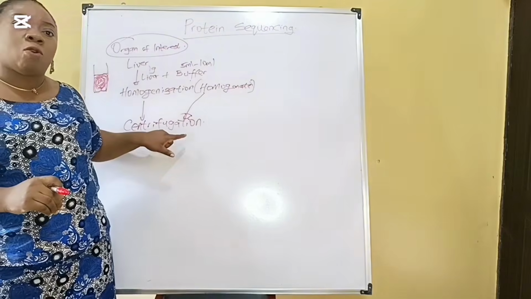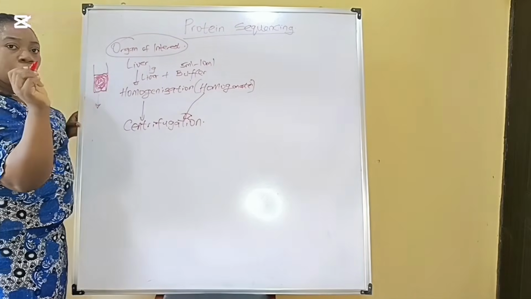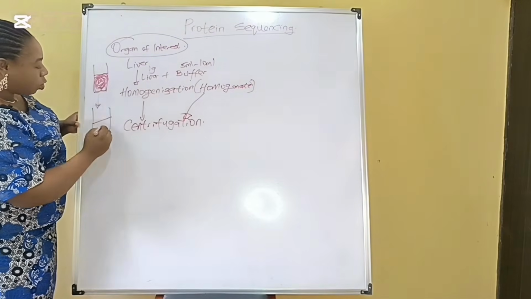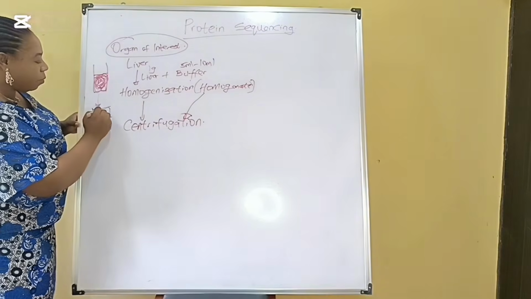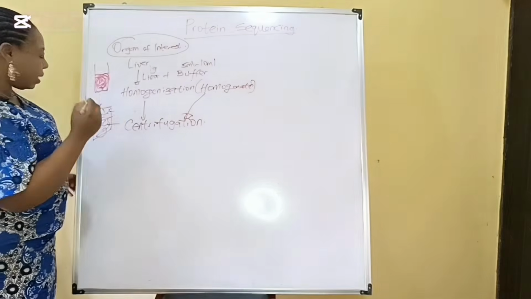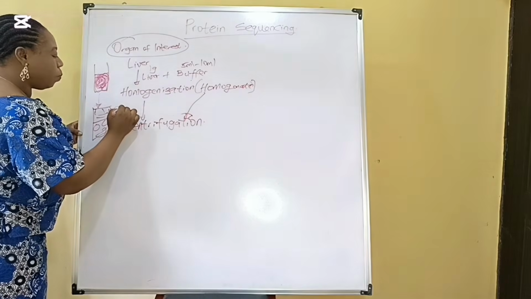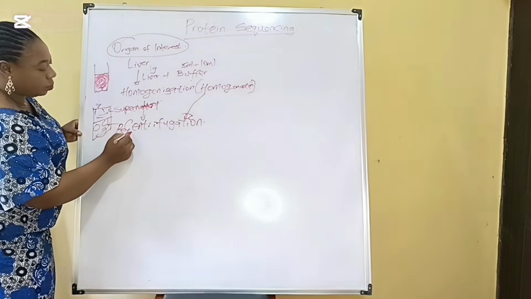After this is completed, separation will have occurred. So there will be some here, and there will be some here. We have the supernatant, which is the one at the top, then we have the pellets.